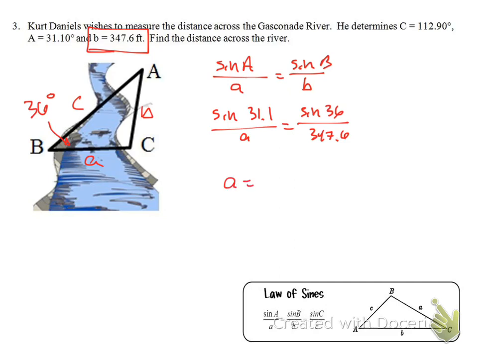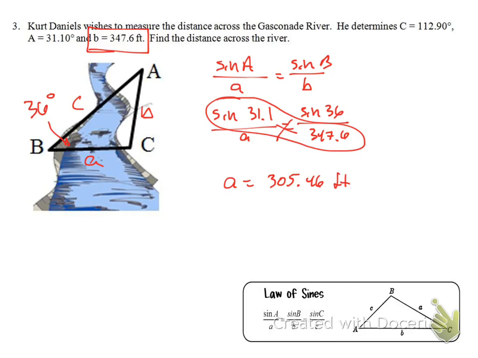Now we cross multiply. So 347.6 times sine of 31.1. And then divide that by sine of 36, right? So we're going to cross multiply. So that's why I'm multiplying these together first and then dividing by the sine of 36. And so we get 305.46 feet. That's the distance across that river.